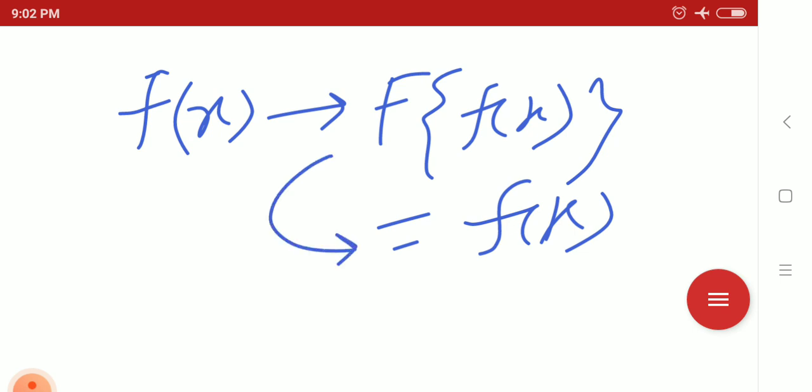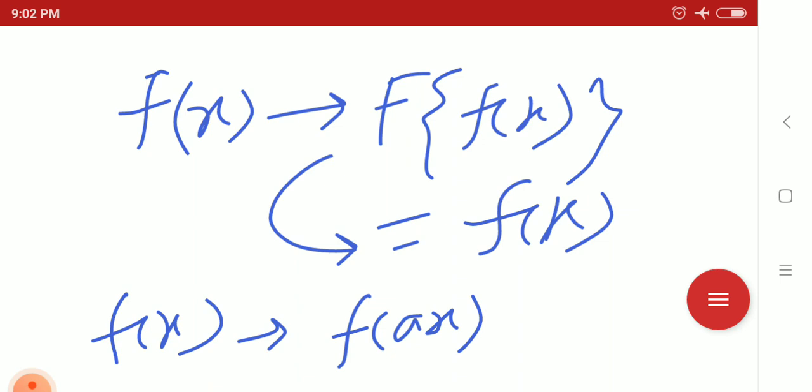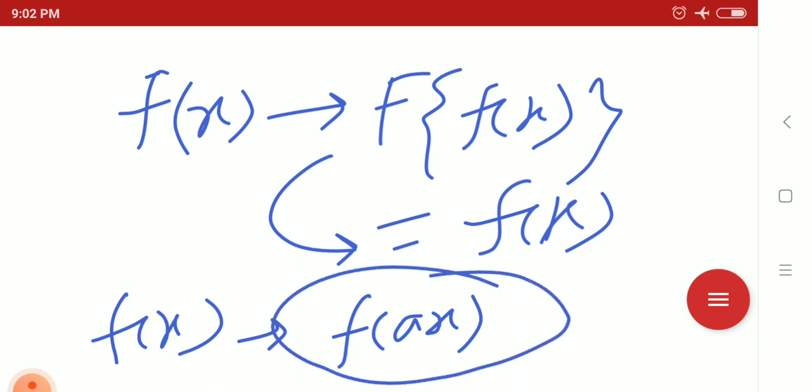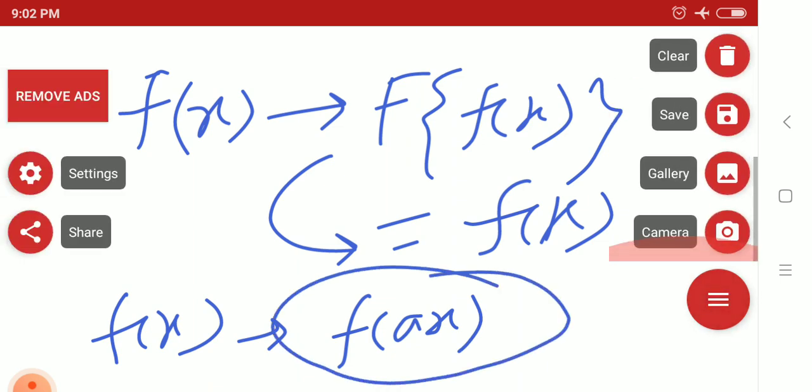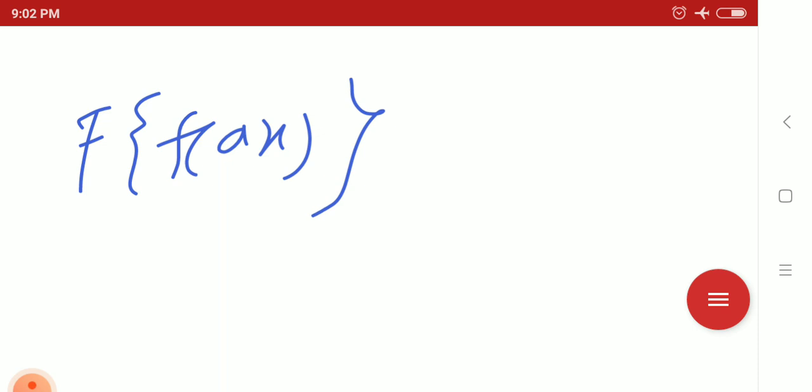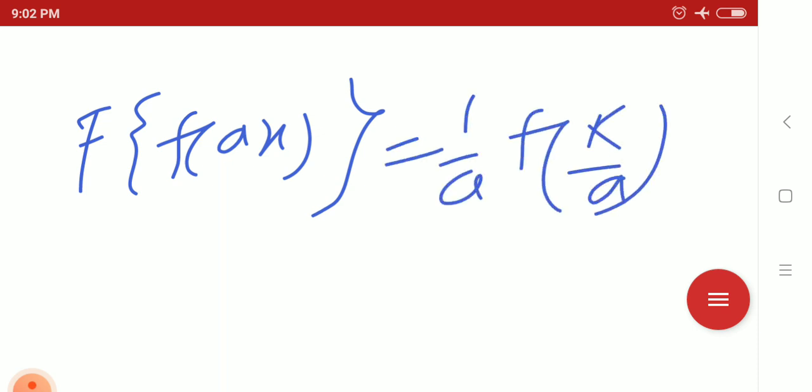Now if x is replaced by ax, so f of x is replaced by f of ax, what will be the Fourier transformation of f of ax? The Fourier transformation of f of ax will be 1 by a times F of k by a.